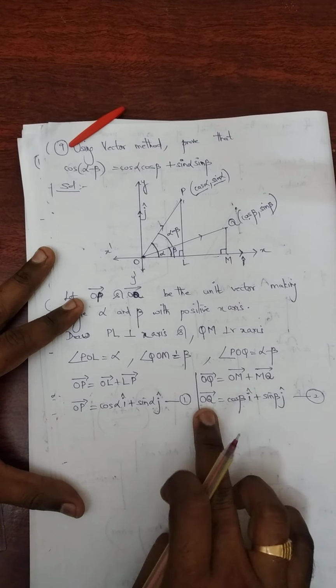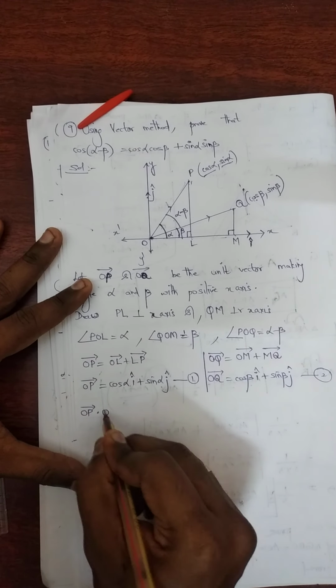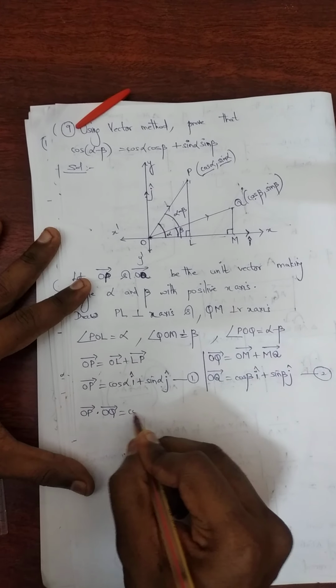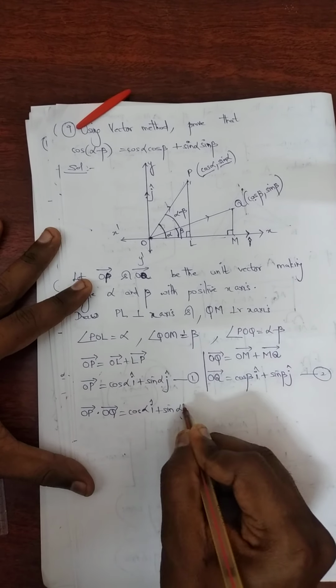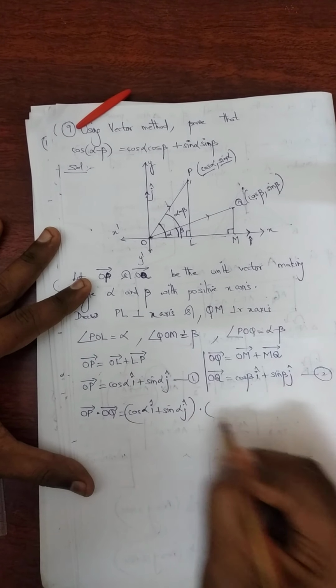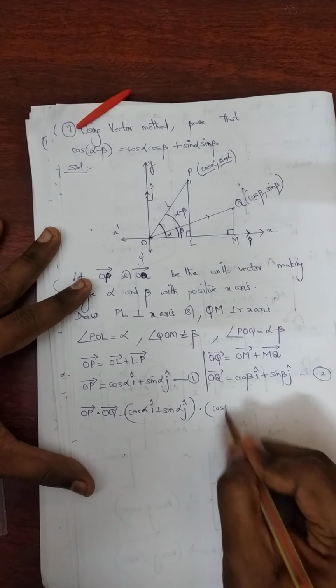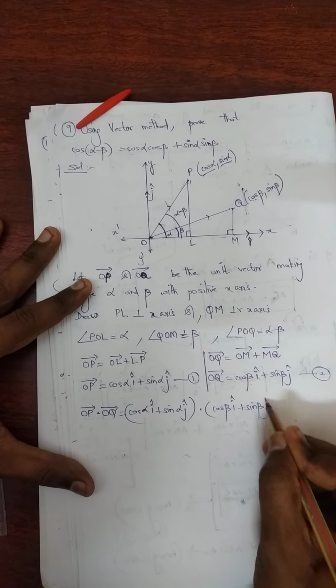So OP vector dot OQ vector: OP is cos alpha i cap plus sin alpha j cap, and OQ vector is cos beta i cap plus sin beta j cap.